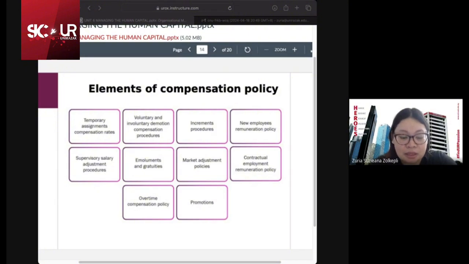All right, and then pay for knowledge. Let's say if they have a skill required, they can get extra payment for that. The purpose of this is to encourage employees to learn more, to acquire new skills. So is it a loss for the company to do this?